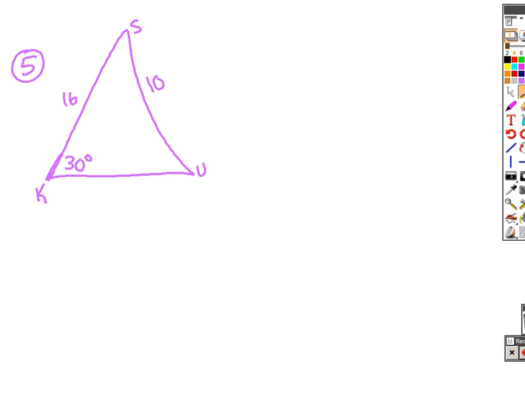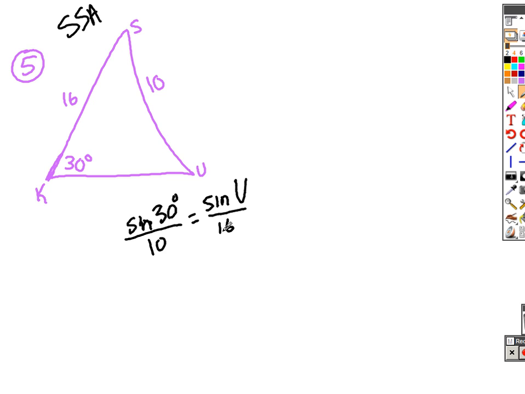Last one, number 5, the purple triangle, Kansas State. Another one of side-side angle. So we need to look, we might have 0, we might have 1, we might have 2. Start with what I know. I have sine of 30 over 10 for the big K and little k, equals sine of big U over little u, 16.